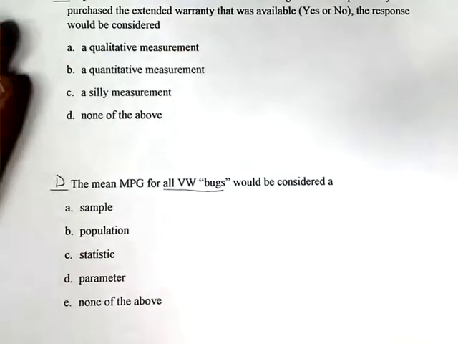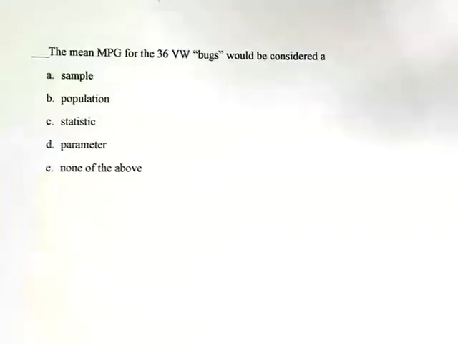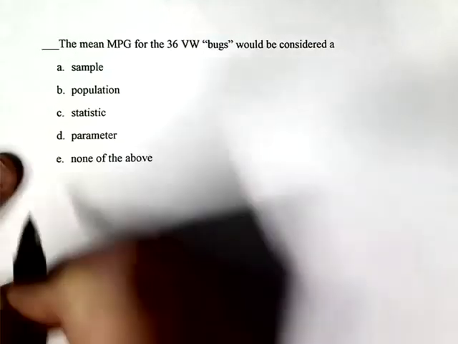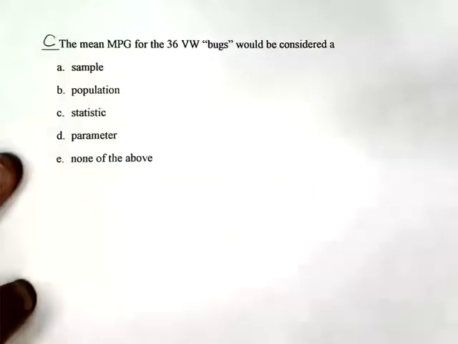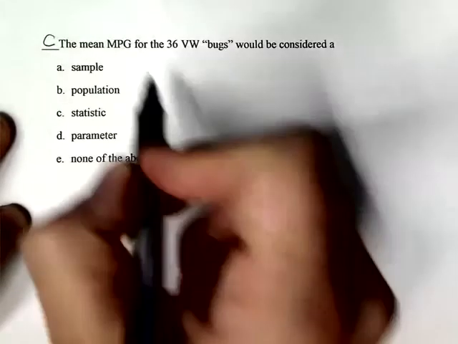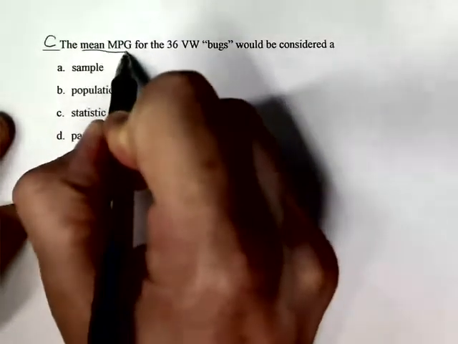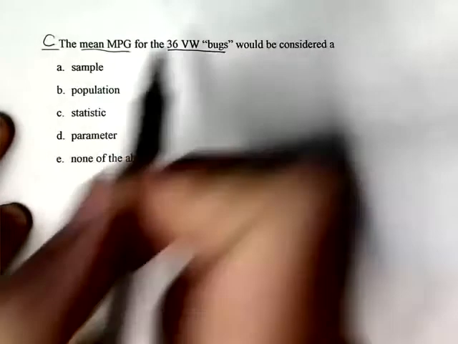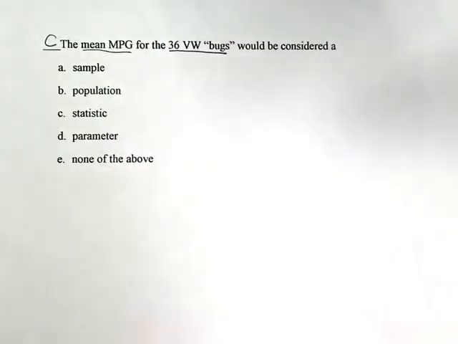Okay. All right. The mean miles per gallon for the 36 bugs would be considered a statistic. Again, here we've got a numerical characteristic that's describing the sample, and the numerical characteristic that describes the sample is a statistic.